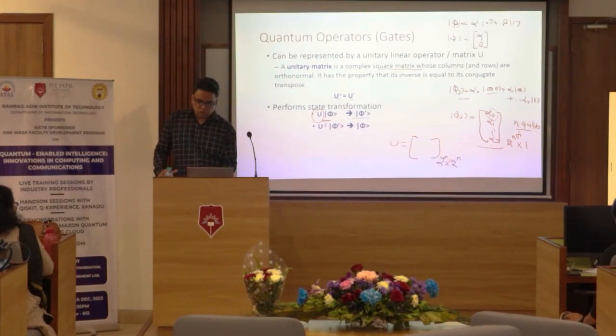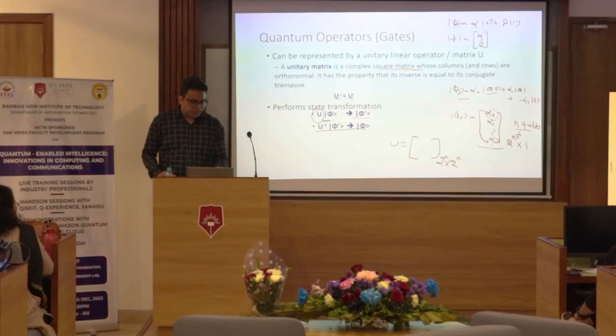So suppose for this U, its transpose conjugate is U star, and that is nothing but U inverse only. So for every quantum gate, there exists an inverse quantum gate, and it will take the state back to the original state. We apply this gate U on state phi, we get phi', and we apply U inverse on phi', and we will get the original state phi.